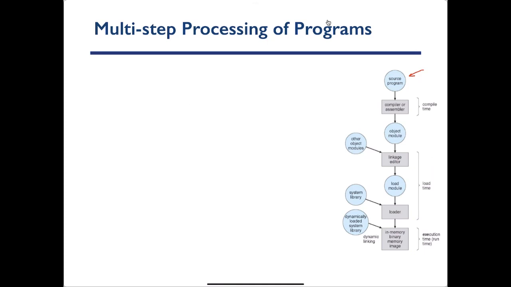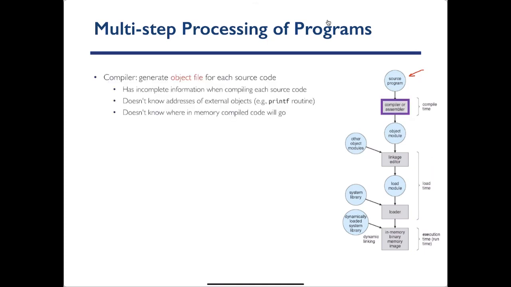Now the compiler gets a source code and creates an object module from your source code. Now you have to be careful because your compiler doesn't see other source codes. So at any given time, your compiler is working with a single source code file. So it only sees whatever code is available in that single file.